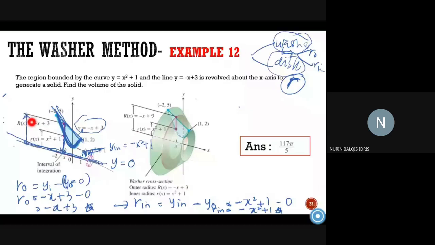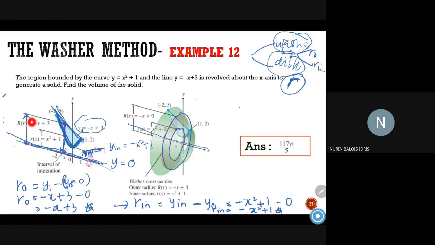Satu lagi you have to be careful, since kita rotate here with respect to the x-axis, so you have to carefully identify whether you will get dx or dy. Nampak tak? Curve dia, dia punya height tu adalah dx or dy.